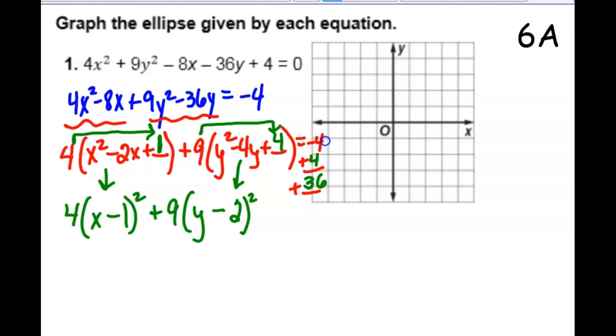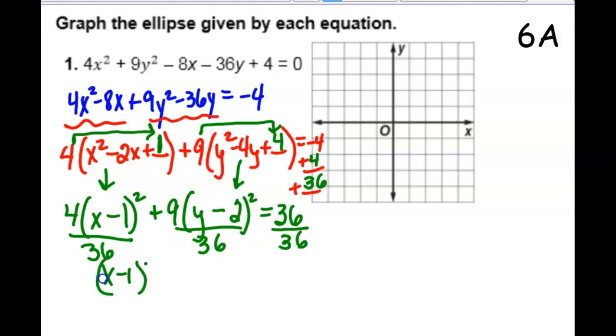So over here we nicely have a negative 4 plus 36, which is just 36. And if we divide everything by 36, x minus 1 quantity squared over 9, 4 goes into 36 9 times, 9 goes into 36. Okay.